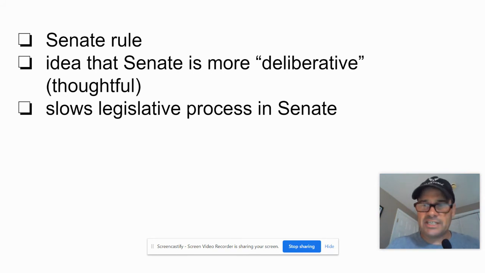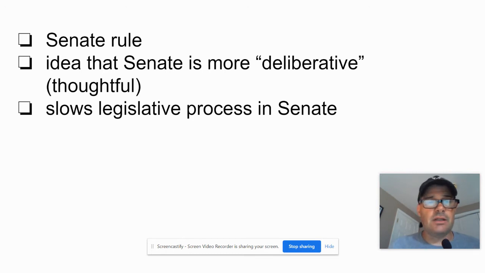The House gets worked up into a frenzy very quickly. Remember, they're responsive to the people, but the Senate, not so much. Like, we're going to slow it down a little bit. Let's see whether we really want it. And they'll debate and talk and go on and on, and it'll take forever. That's kind of a purposeful aspect of the founders as well. Again, the Senate is kind of a check on the House. All right, cool. So that is a Senate rule, unlimited debate.